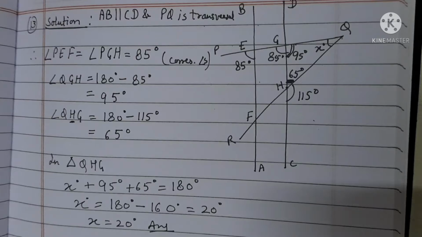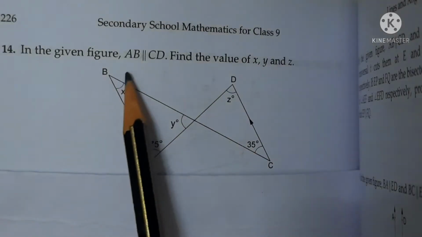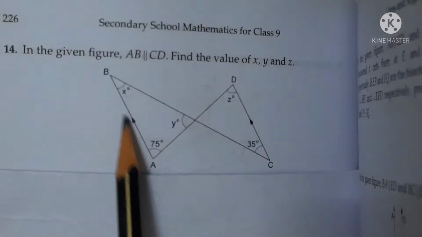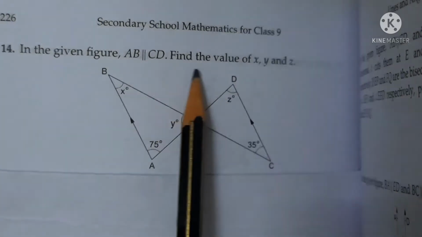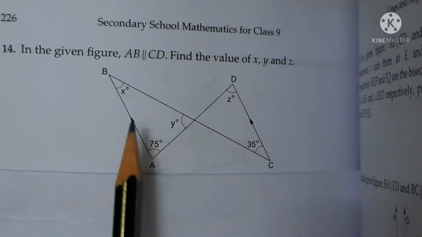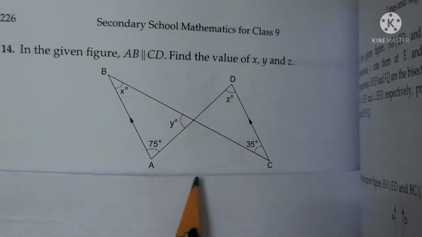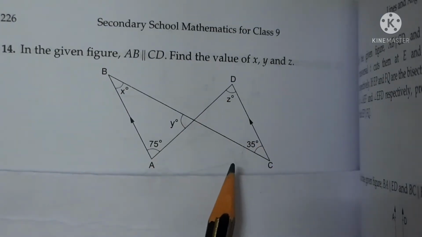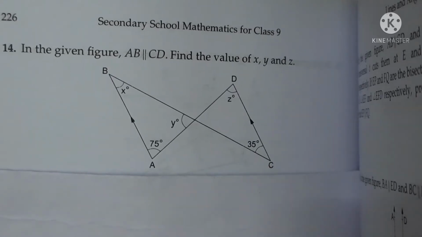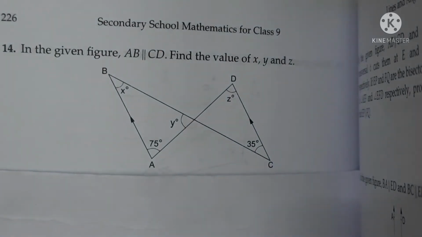Next, question number 14. In the given figure, AB is parallel to CD. Find the value of x, y, z. This is x, y, and this is z. See the figure carefully and try to solve it.